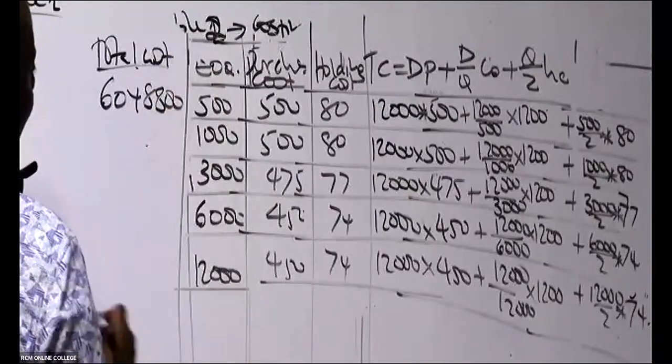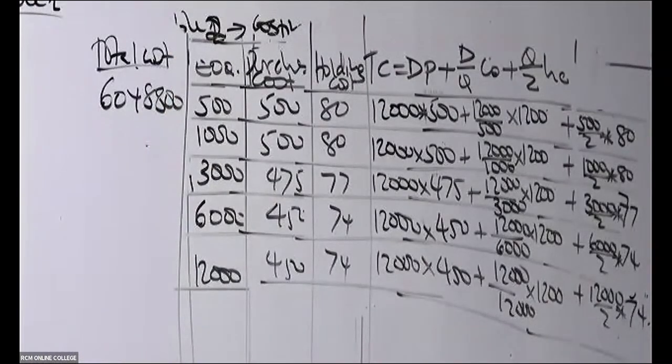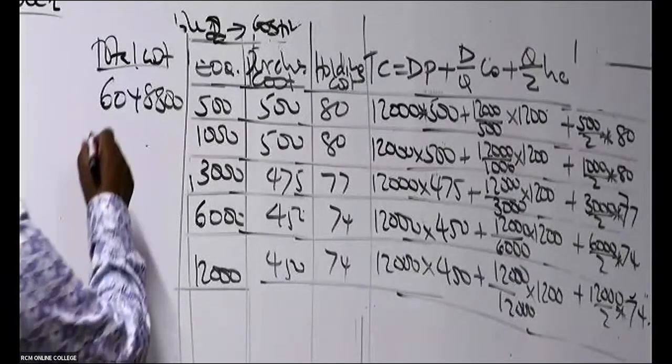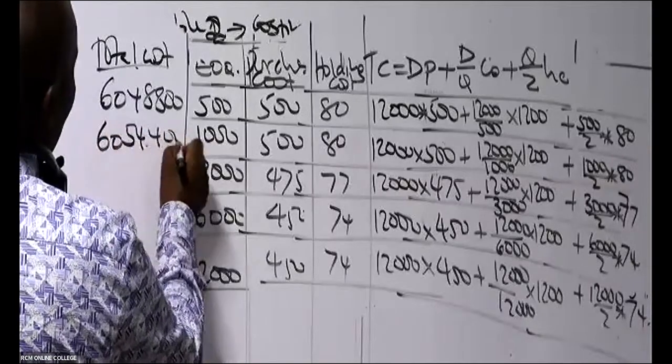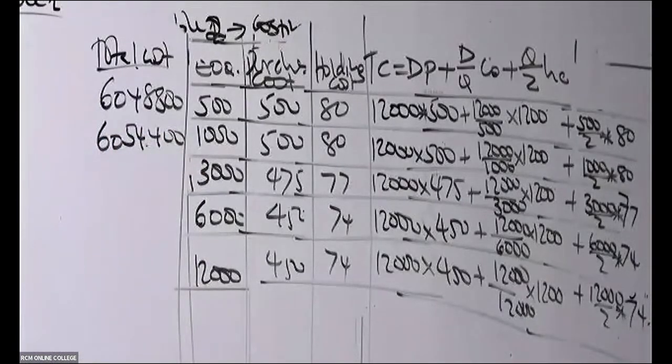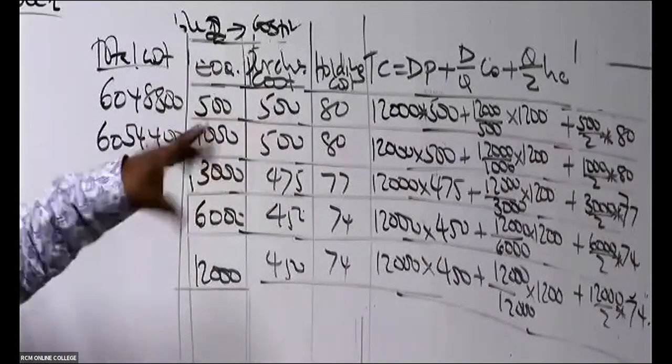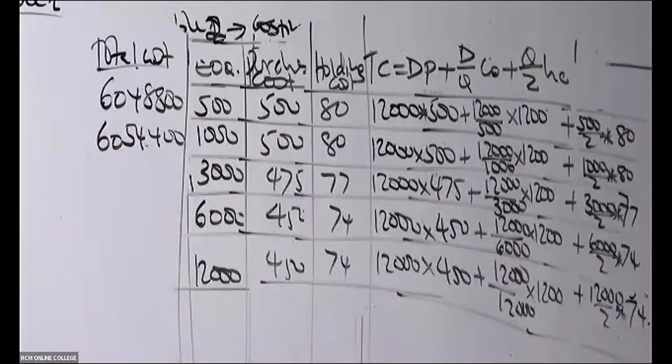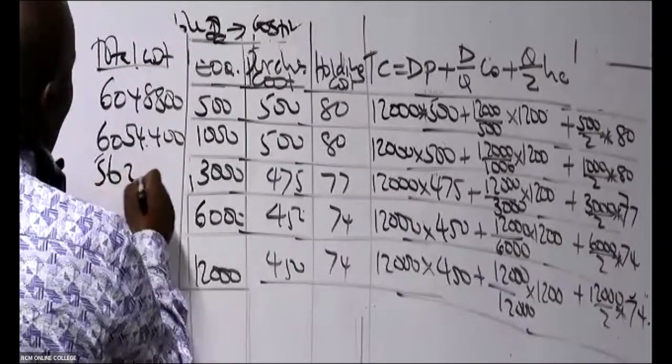How about the second one? 60,48. Thanks, Francisca. 60,54,400. Thank you so much. I'm supposed to write them at the very corner there, equals, and then I write this. 56,24,400.